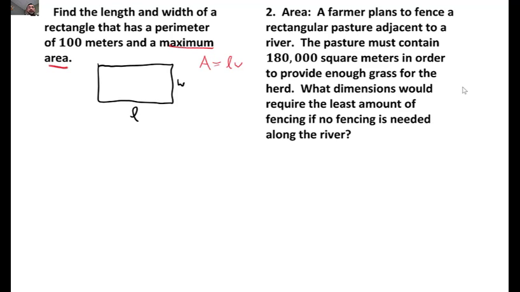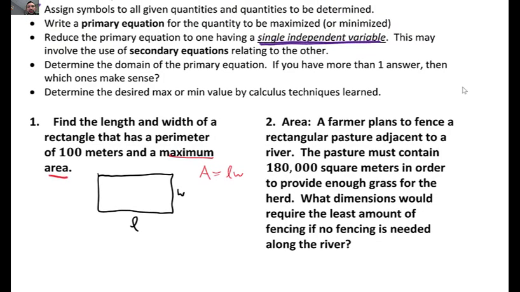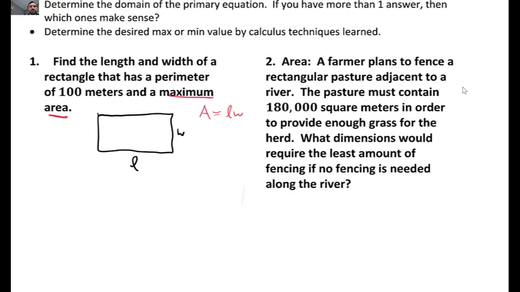I guess you could come in here and say, all right, I'll try to maximize this, so let me take the derivative. But if you do it already, then you've got L's and W's, and you're going to have to do the product rule, which is fine, but you may not have all the information that you need to maximize the area here. So before we take derivatives, this clue says let's try to get it down to a single independent variable.